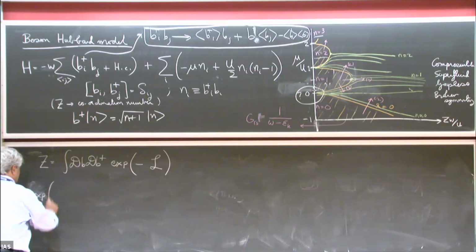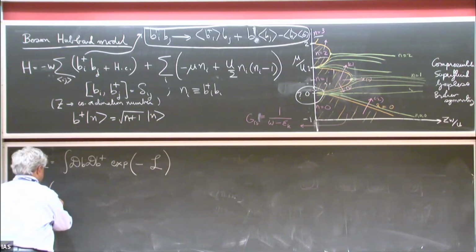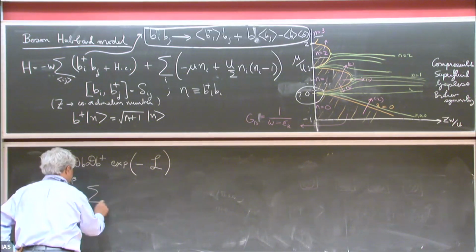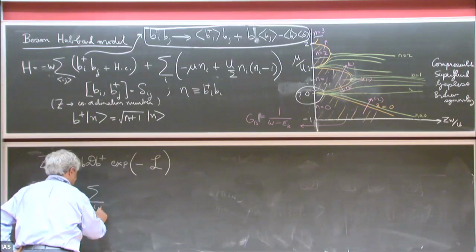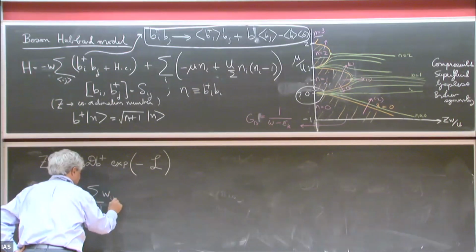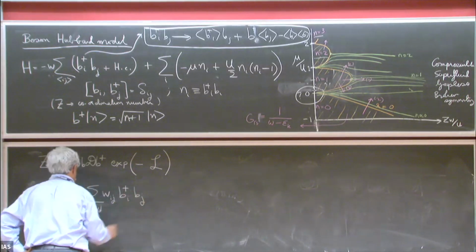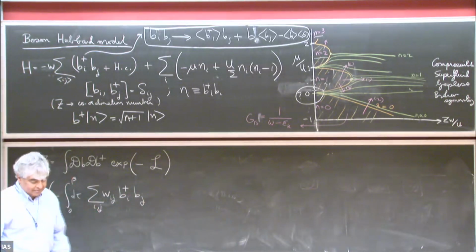exponential minus integral 0 to beta d tau. Let me write it this way: sum on ij W_ij B_i dagger B_j, and there's a minus sign.